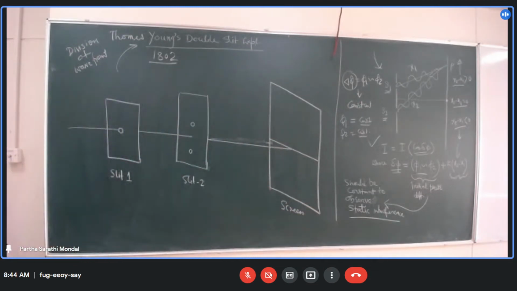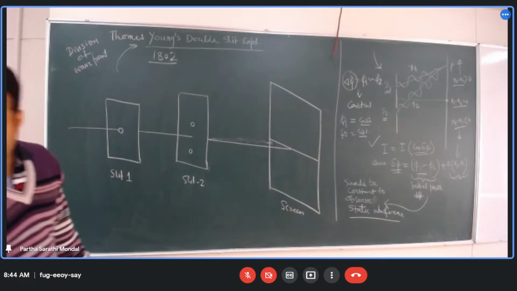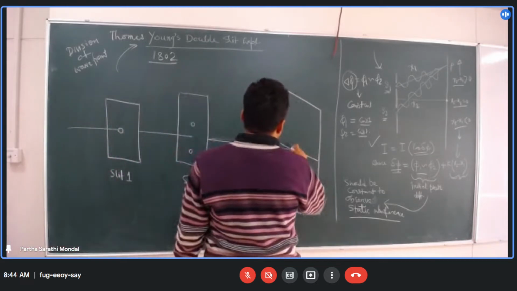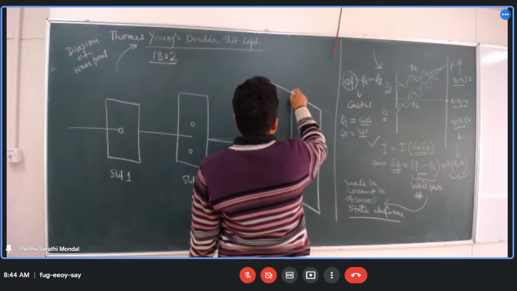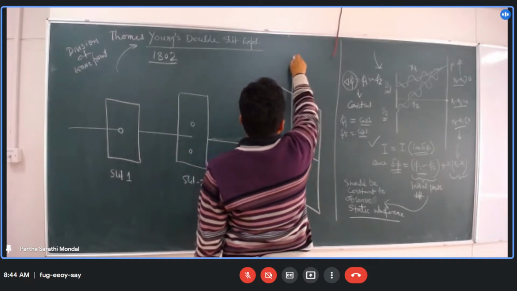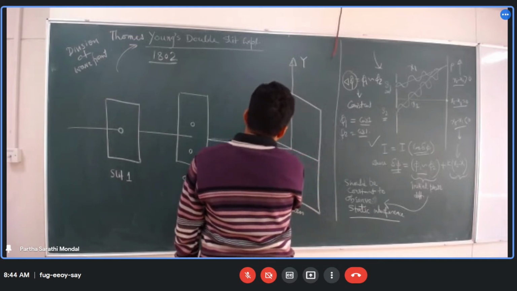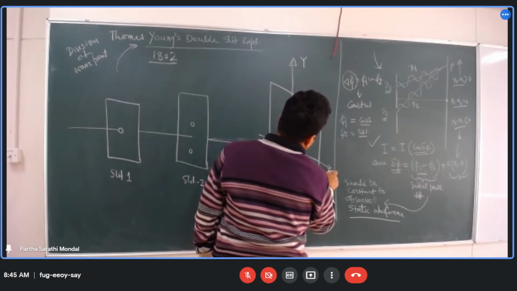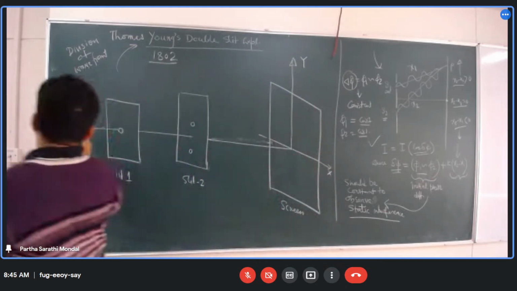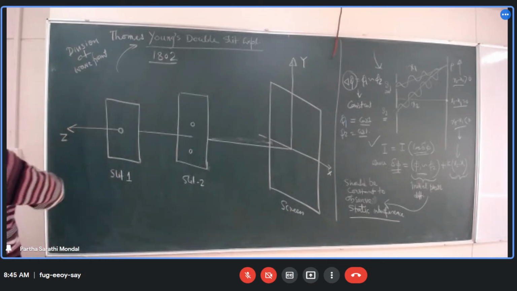Okay, so now let's say this is your y direction, your vertical direction. This is y, this is your x direction, and this is your z direction.